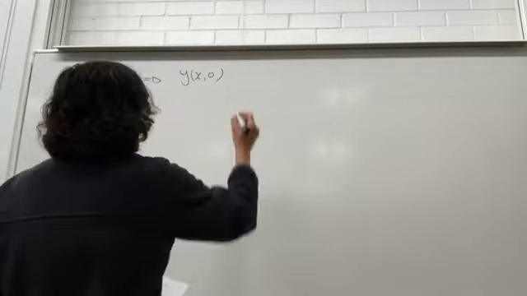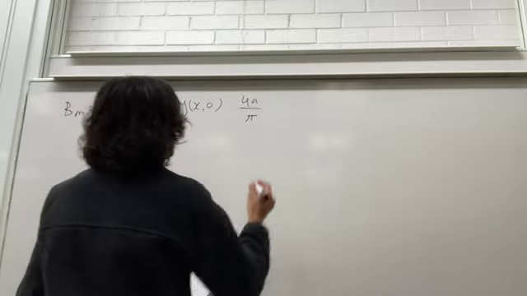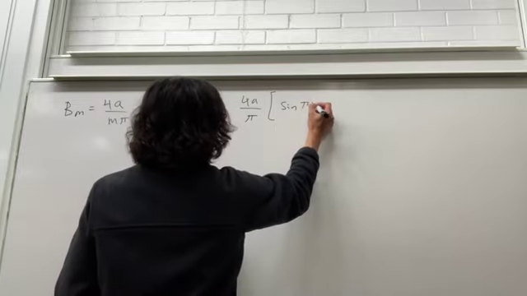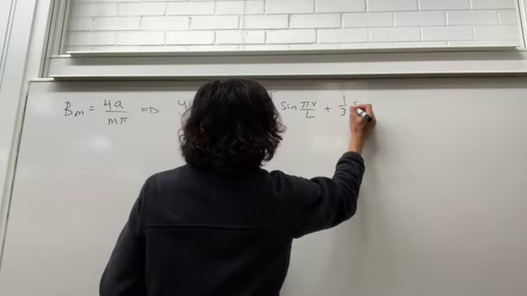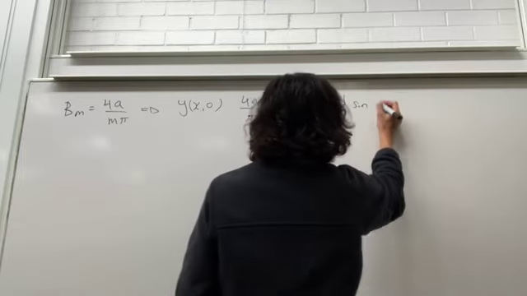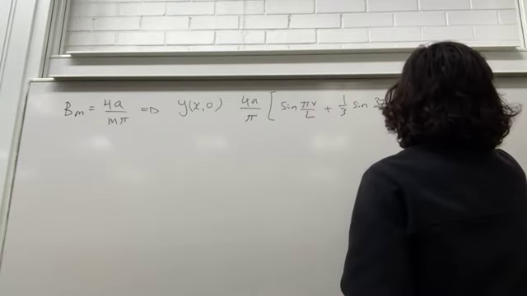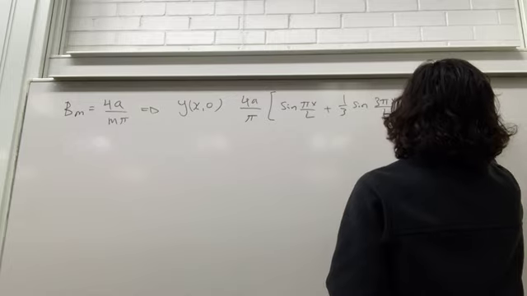That is 4a over pi times sine pi x over L plus 1/3 sine 3 pi x over L plus 1/5 sine 5 pi x over L, and so on.